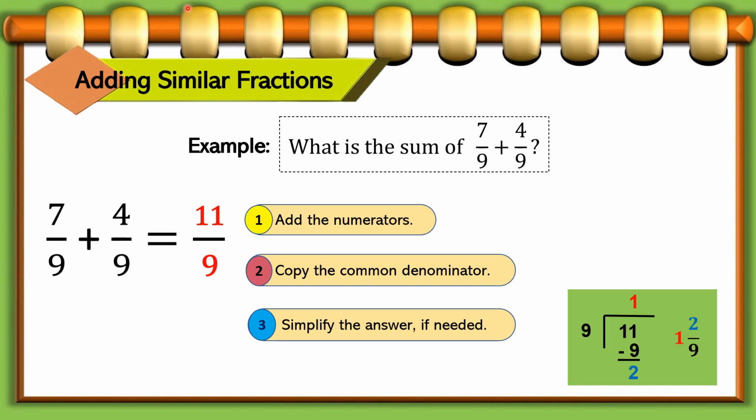We are going to divide 11 by 9 equals 1. 1 times 9 equals 9. 11 minus 9 equals 2. Then, the quotient is the whole number. The remainder is the numerator. And the divisor is the denominator. So the answer is 1 and 2/9.